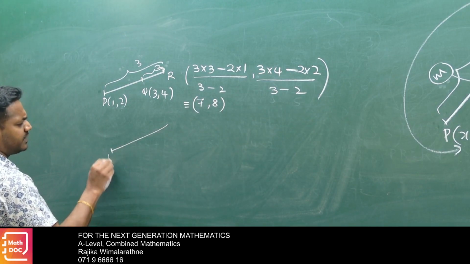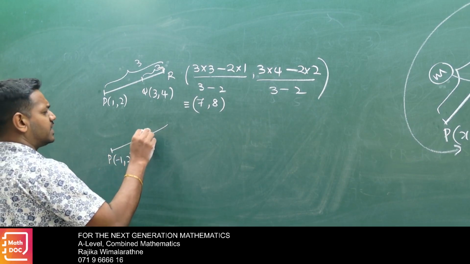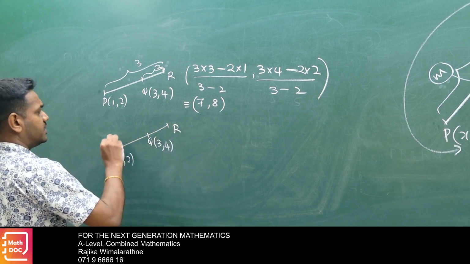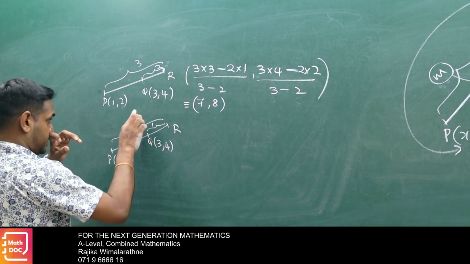Do with me. P is (minus 1, 2). Here Q is (3, 4). Here R divides in the ratio 4 is to 1.